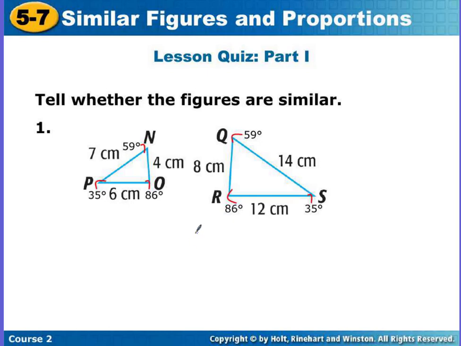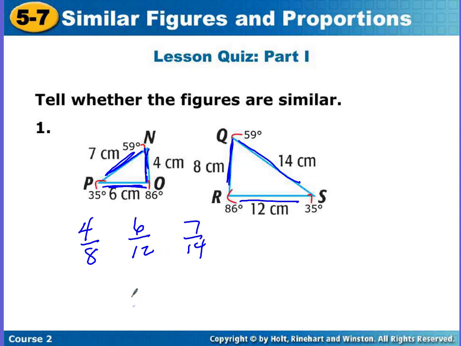And then we look at our corresponding parts. Corresponding parts are NO and QR. So we have 4/8, and then we've got 6/12, then we've got 7/14. Do all of those simplify to the same thing? They all simplify down to 1/2. So these two figures are similar.